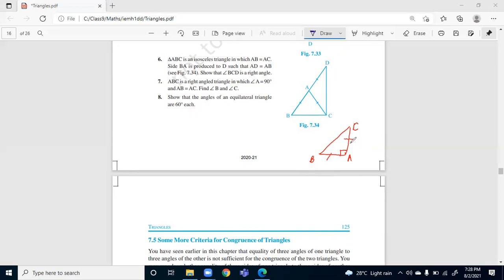So very easy question, I should say. I am giving you 2 minutes to try it yourself and come up with the solution.